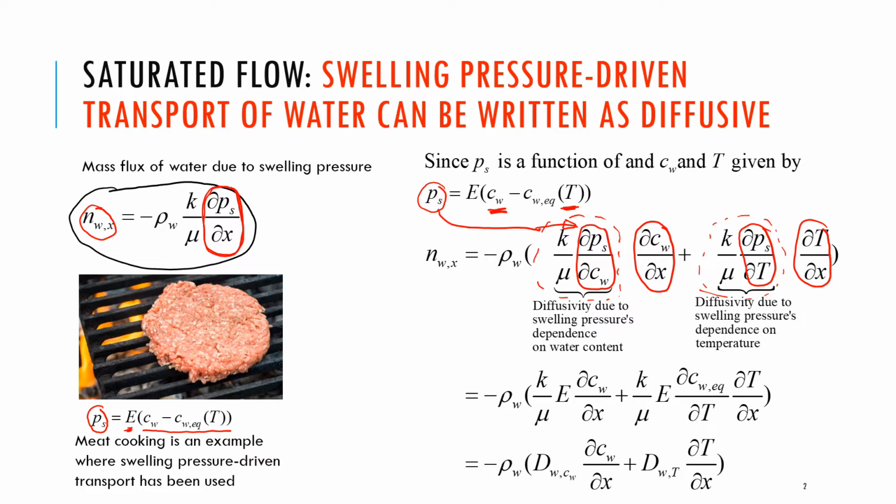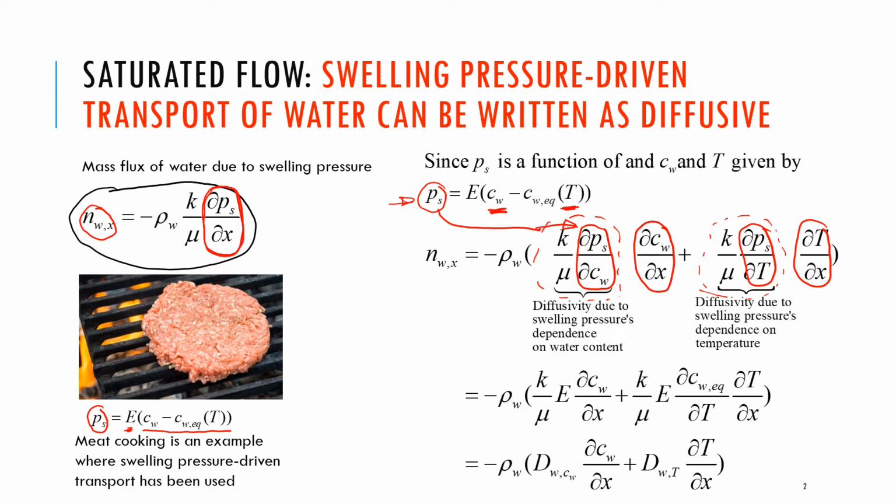Likewise, for the second term, it will be K over mu times del P_S del T. If I take a partial derivative of this with respect to temperature, C_W is treated as a constant now.